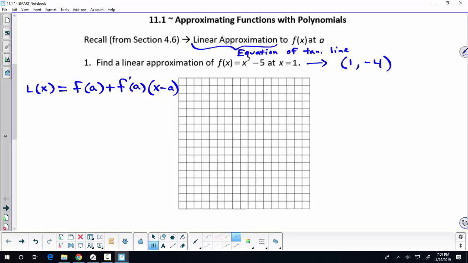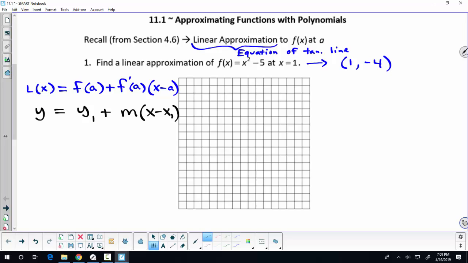So that was our linear approximation. Notice this is directly the same thing as saying y equals y1 plus a slope times x minus x1. So just the equation of a line.